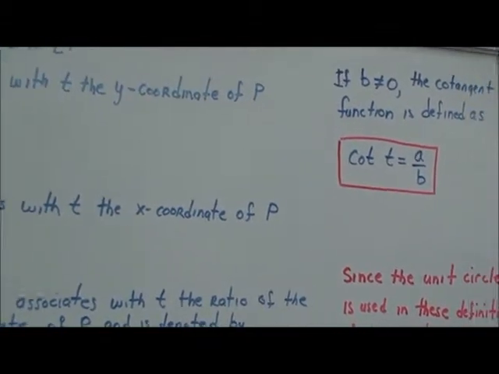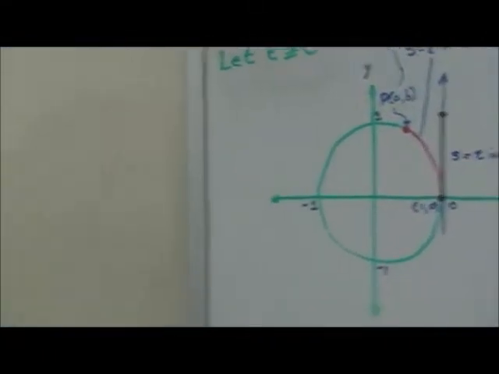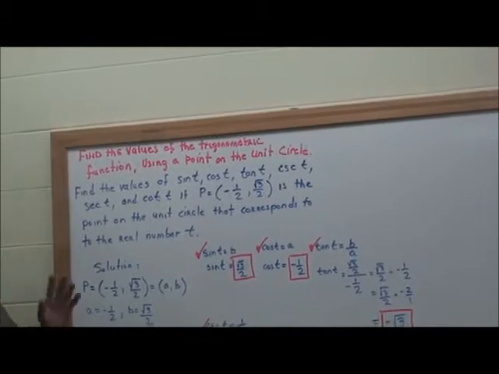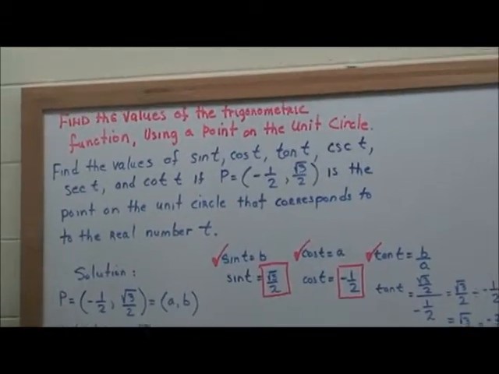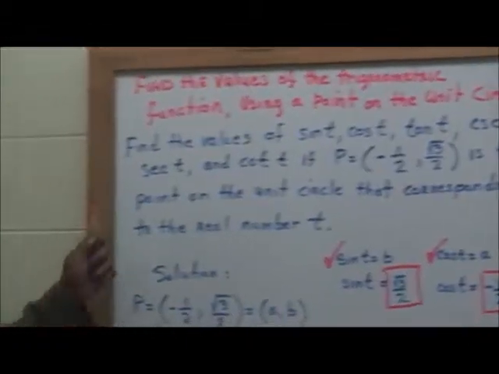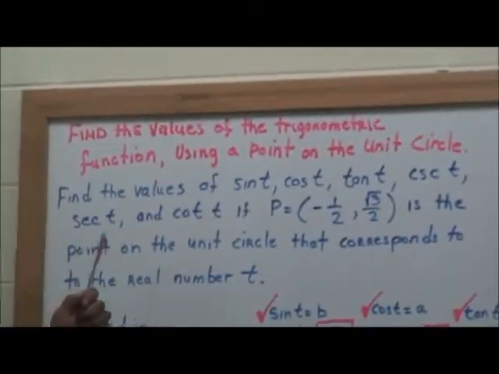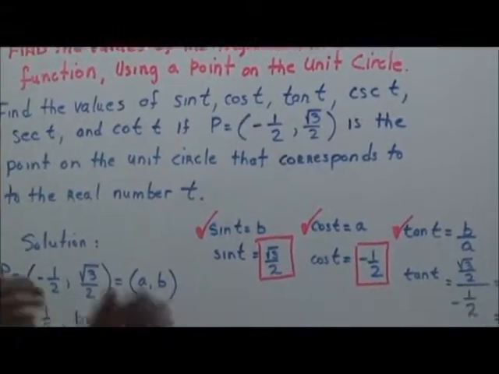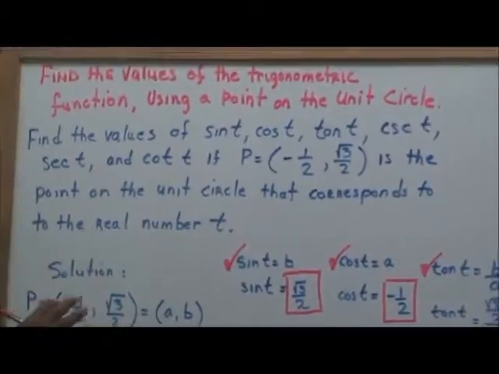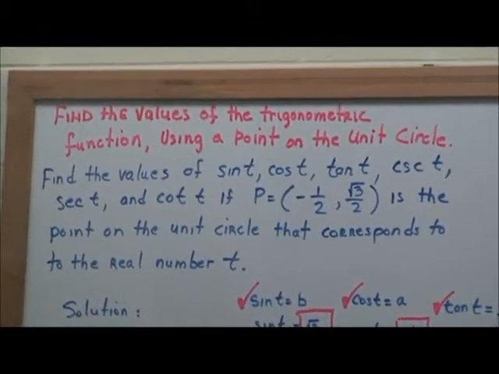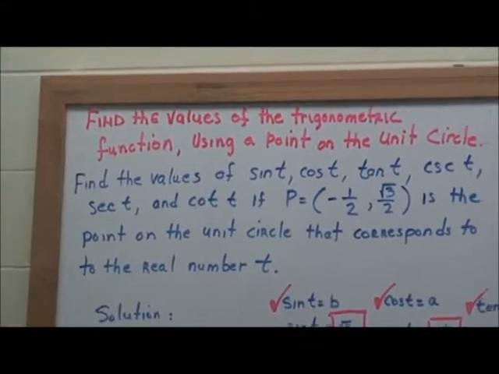Now, let's do a problem. If you will, follow me over to our other board here. You notice that we're using a point on the unit circle, this is what we're trying to do today. The problem says find the value of sine t, cosine t, tangent t, cosecant t, secant t, and cotangent t, right?